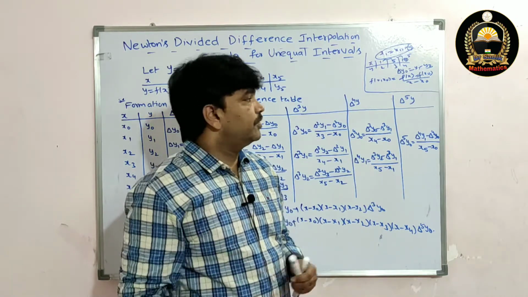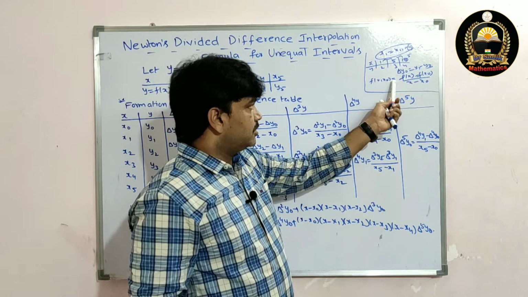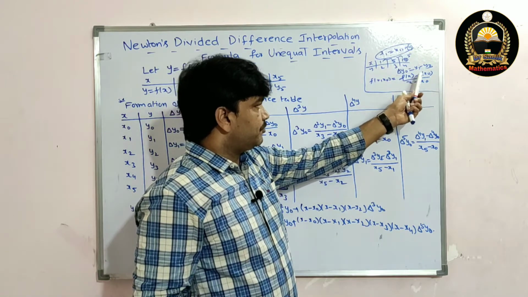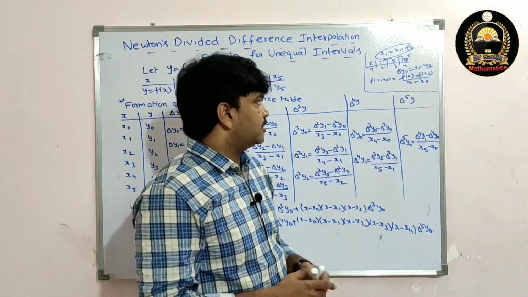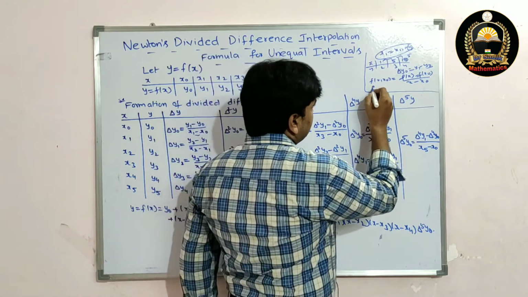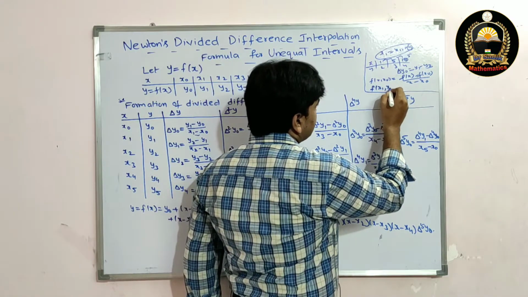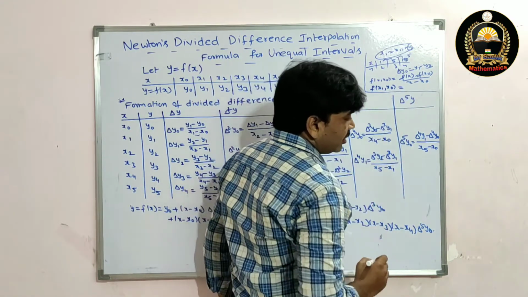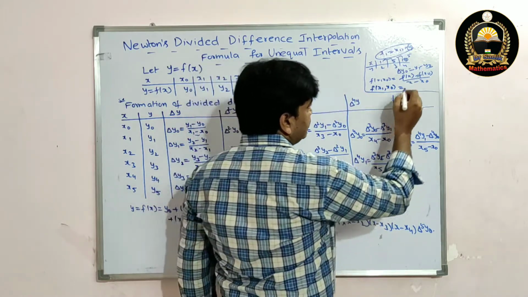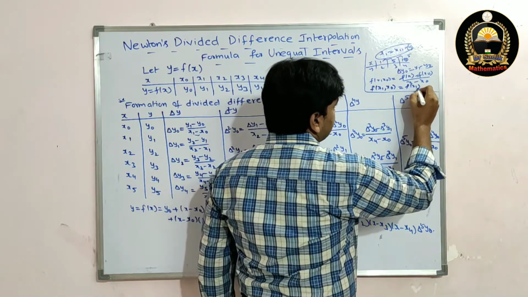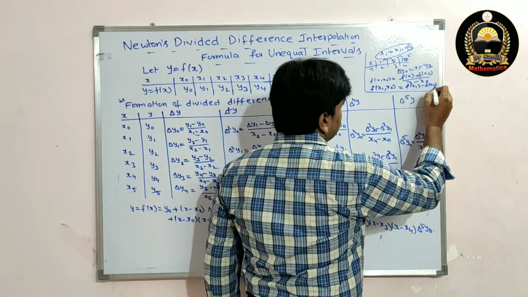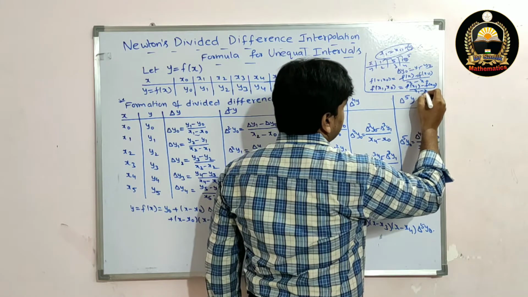Once again, f of x comma x naught equals f of x minus f of x naught by x minus x naught. Suppose I write f of x1 comma x naught, we get f of x1 minus f of x naught by x1 minus x naught.